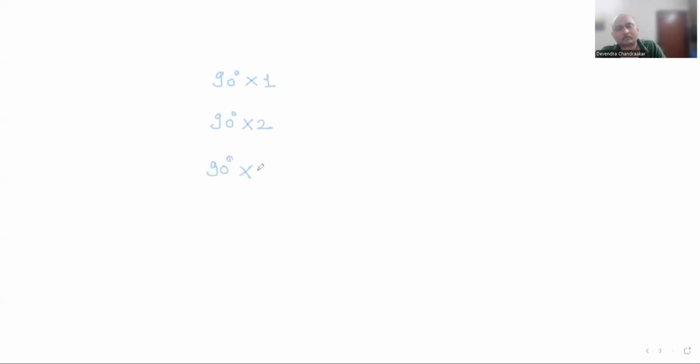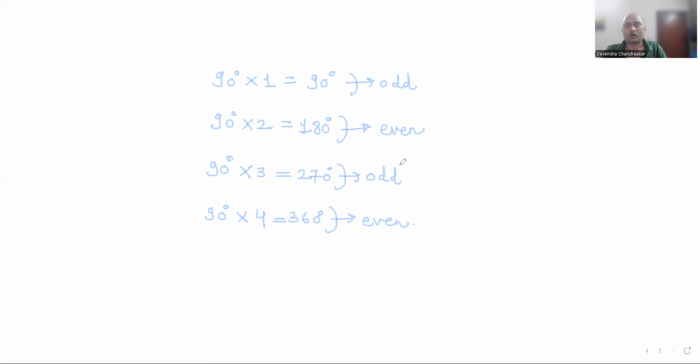Into 3, 90 into 4. This is 90, an odd multiple. This is 180 degrees, an even multiple of 90. This is 270 degrees, an odd multiple of 90. And this is 360 degrees, an even multiple of 90. So odd, even, odd, even. I hope all of you understood this.